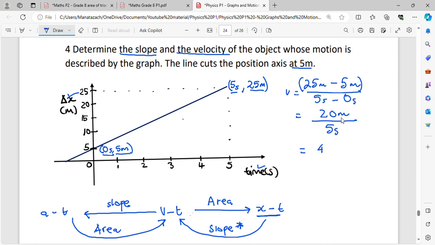Remember, the unit is meters divided by seconds, so meters per second, which shows that we are dealing with the velocity.